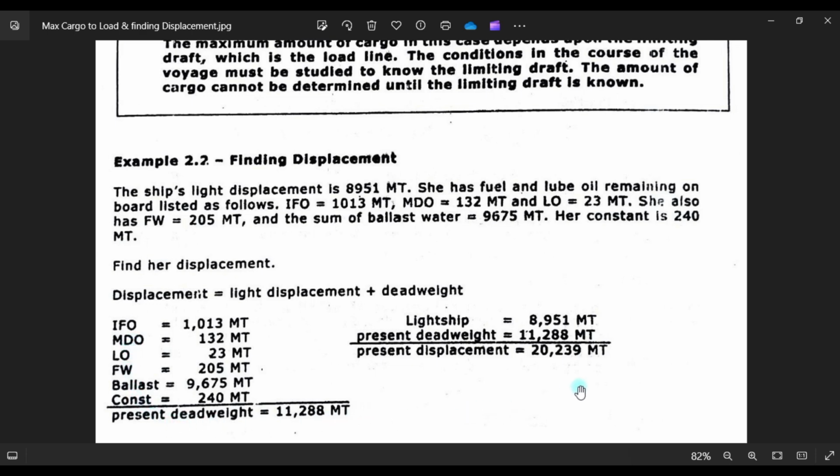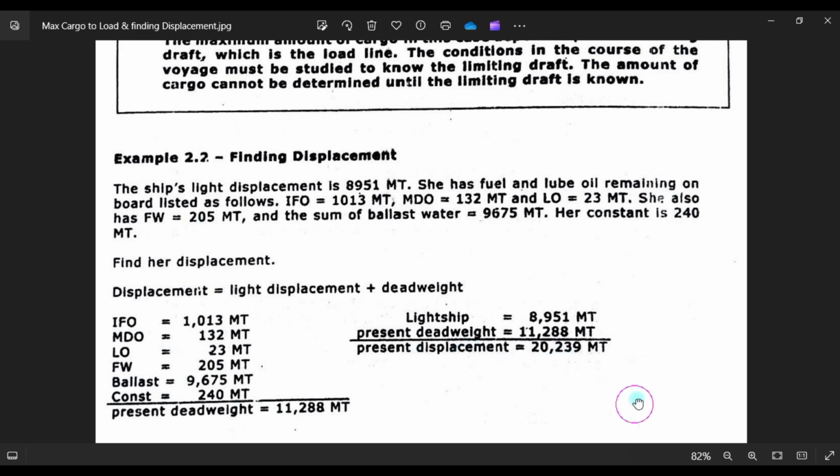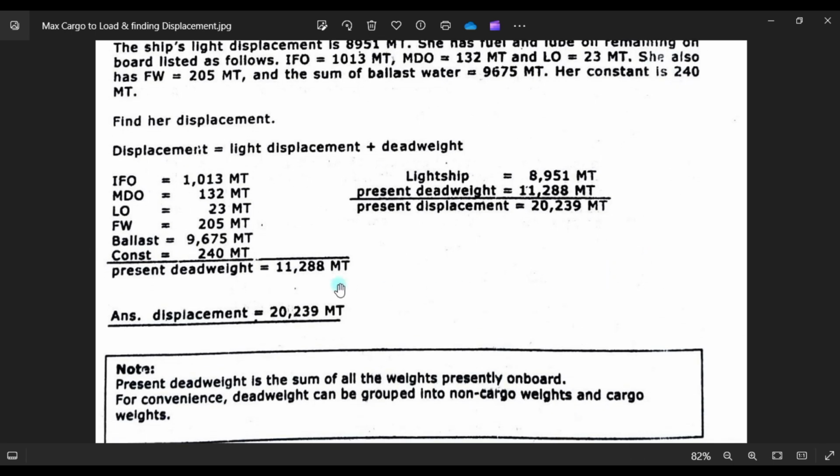And you have a light ship of 8,951, which is this one. With the light ship and your present dead weight, you add these, and this will be your present displacement of 20,239. Okay, so your displacement will be 20,239.